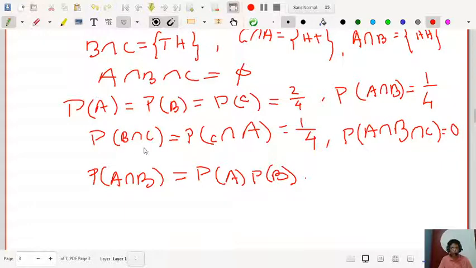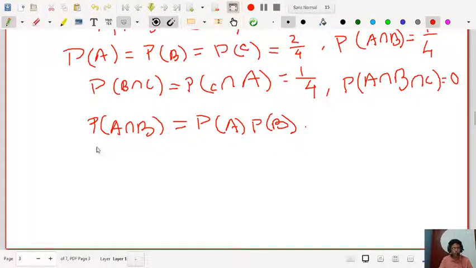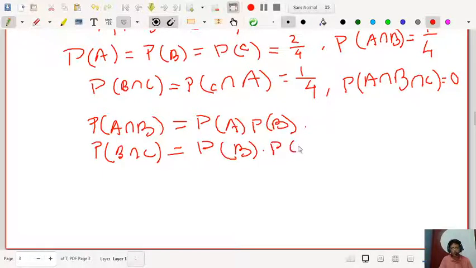Also probability of B intersection C equals probability of B into probability of C. So that is true for B and C also, and that is true for C and A.